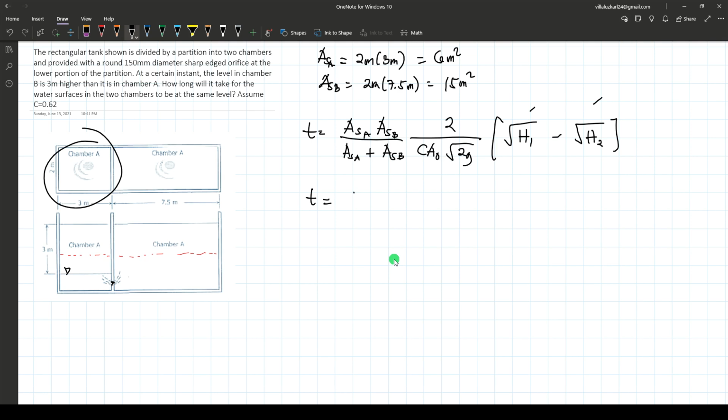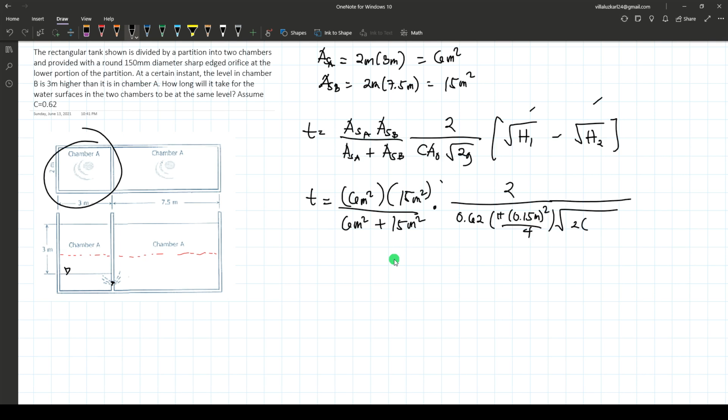So 6 square meters times 15, divided by 6 square meters plus 15 square meters, times 2 over C, which is 0.62, the area of the orifice with 0.15 meter diameter, multiplied by the square root of 2G, 2 times 9.81 meter per second squared, multiplied by the square root of H1, 3 meters, and the square root of 0 for the final difference in height of the liquid surface at both chambers.